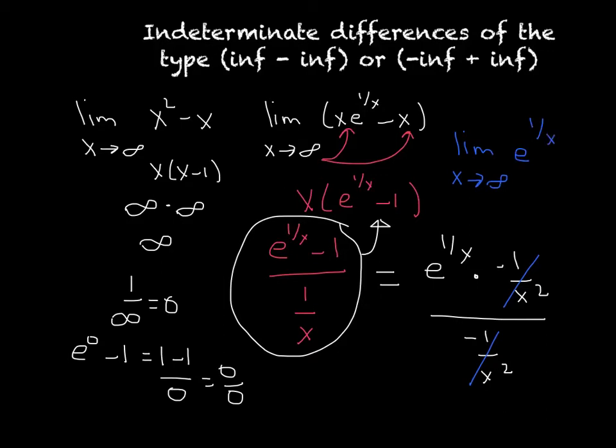And so once again, as x approaches infinity, you have 1 over infinity as your exponent, and 1 over infinity is approximately 0, and e to the 0 is 1. So that is the limit for this problem.